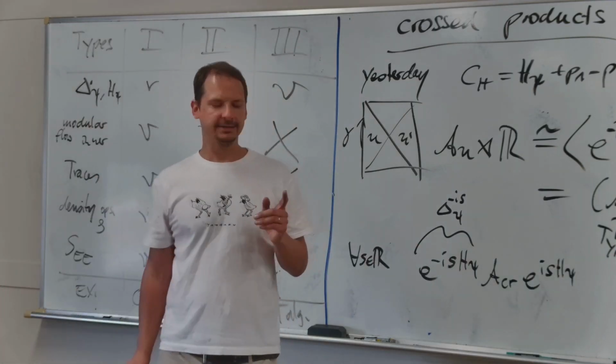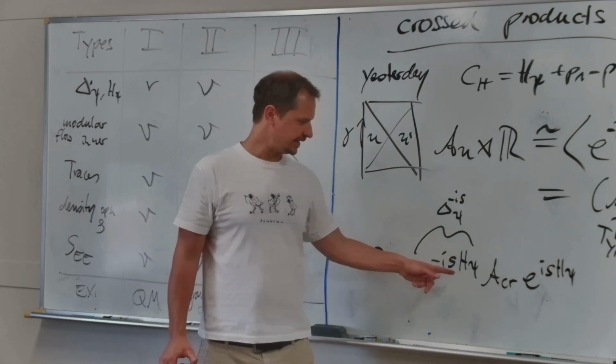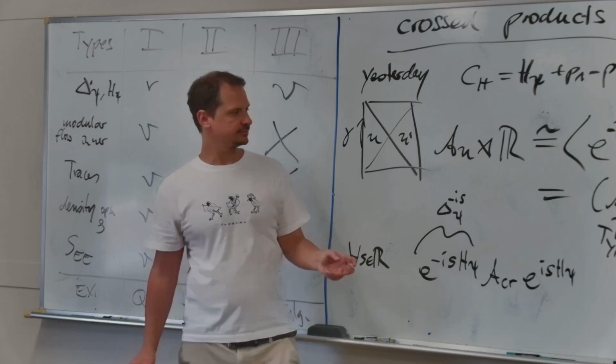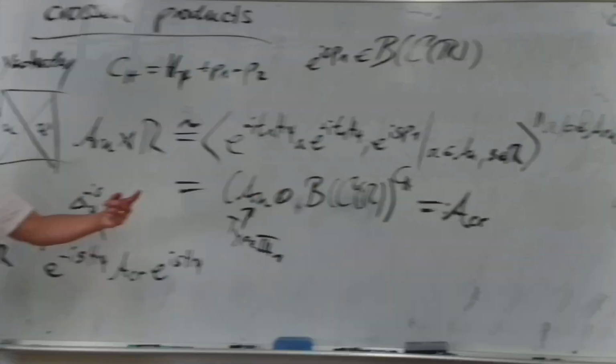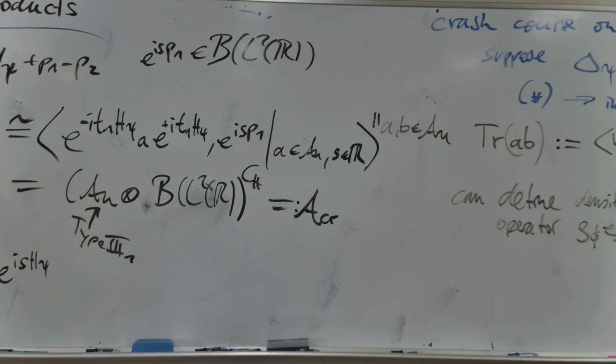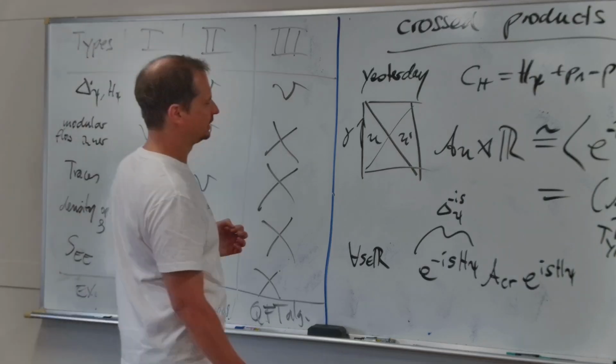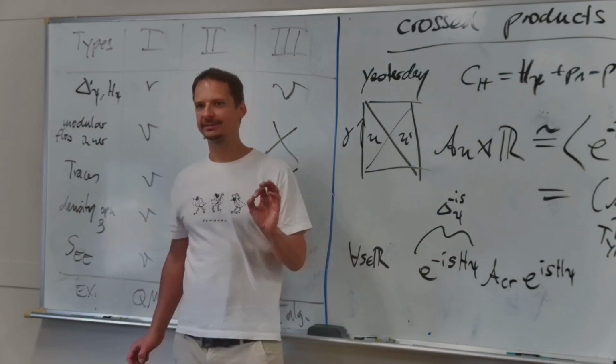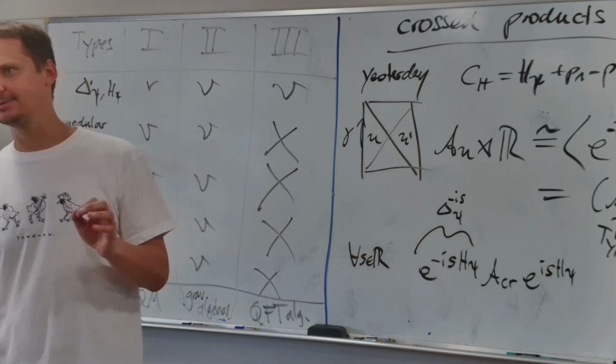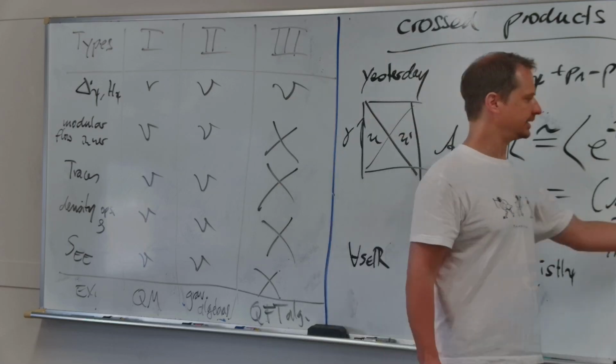One thing to notice: we had before that this H psi is a modular Hamiltonian for A_U. Now we have a bigger algebra, so there's more attached to it. But it turns out you find states in the Hilbert space such that this H psi is still a modular Hamiltonian for this extended algebra.